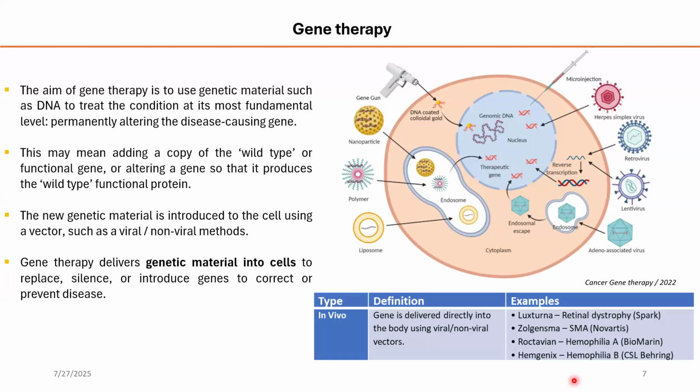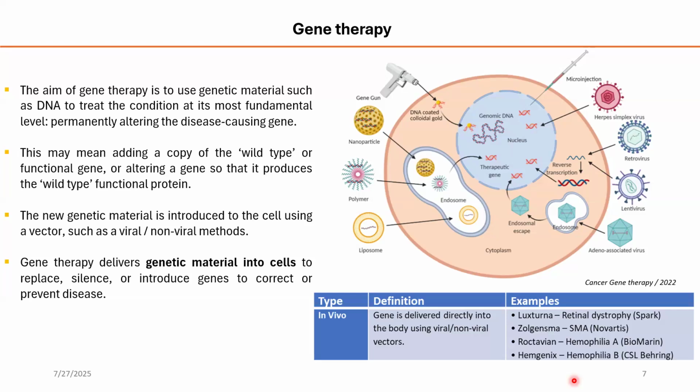Either they integrate into the genomic DNA and the normal protein is produced, or they are synthesized as an episomal DNA, a DNA which doesn't integrate into the chromosome but is extrachromosomal. So they can produce the normal, functional protein in a higher amount.